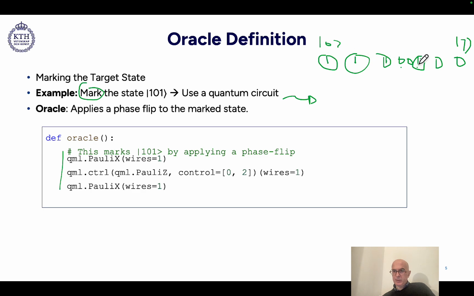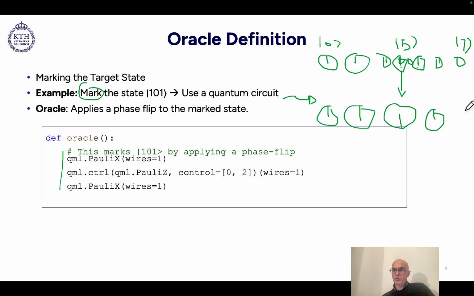So what we do is apply this quantum circuit, and if this is state 5, the circle corresponding to state 5, it is going to flip the phase. So in this case, the phase is 180 degrees instead of being 0. All the other quantum states have 0 phase.